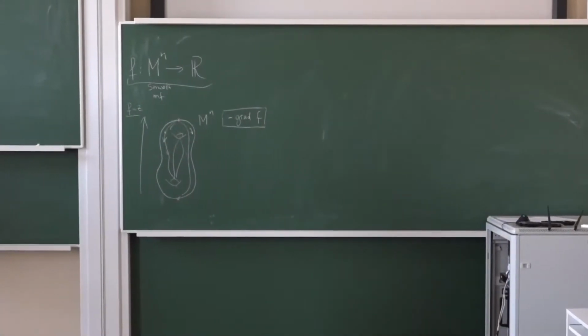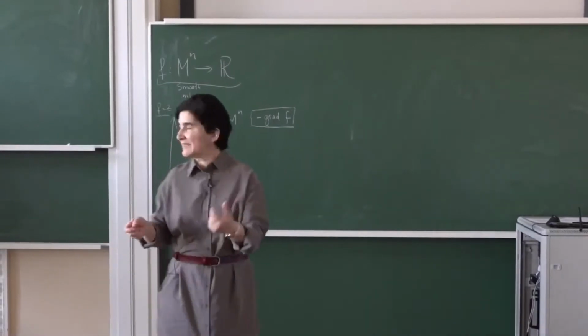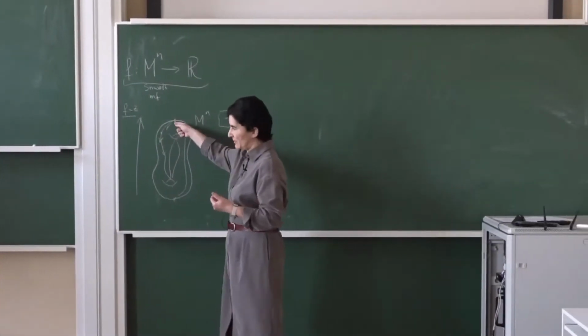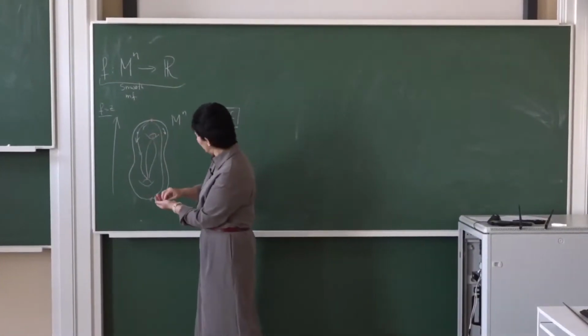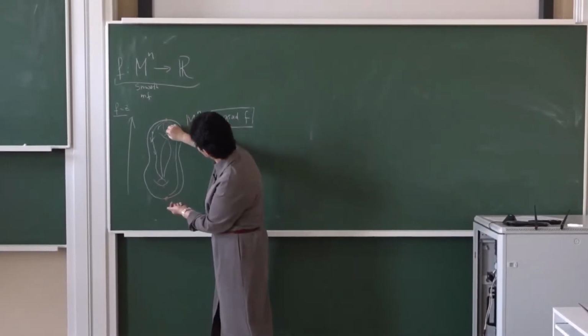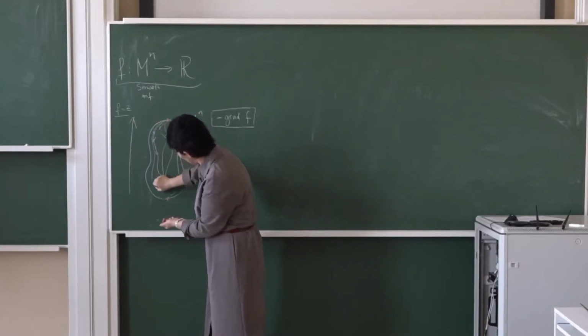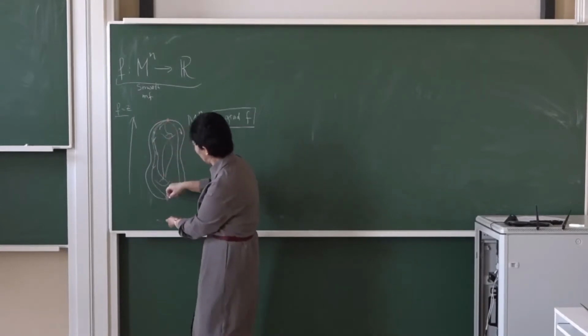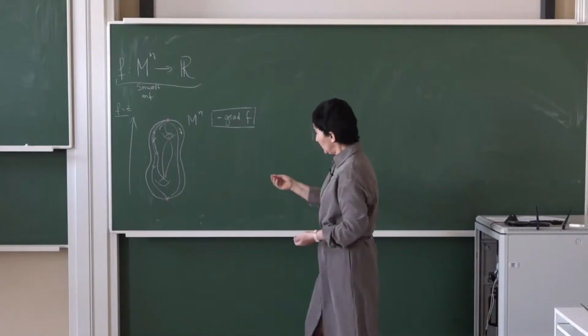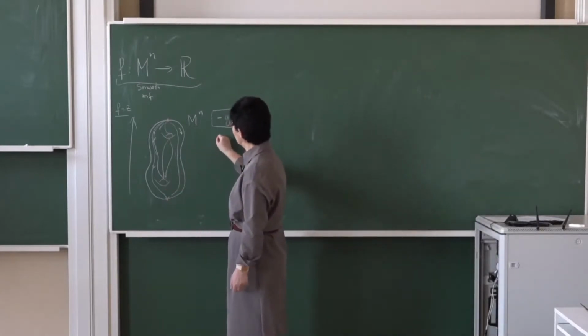Each gradient line starts at some critical point and ends at some other critical point. For instance, this line goes from the top to the bottom, and so on.